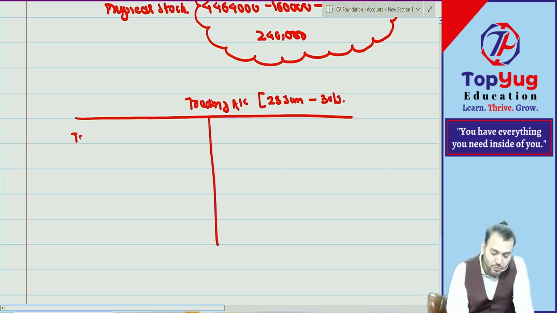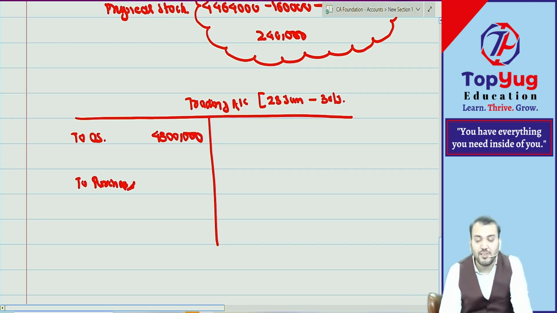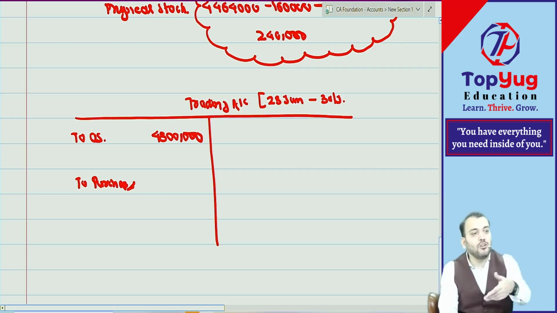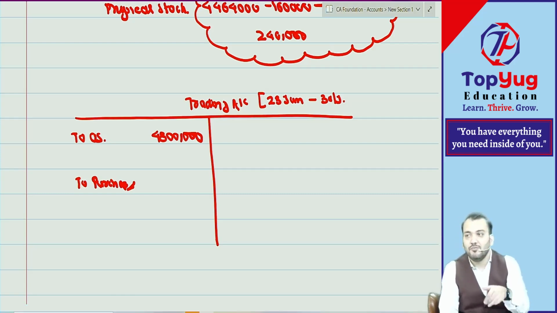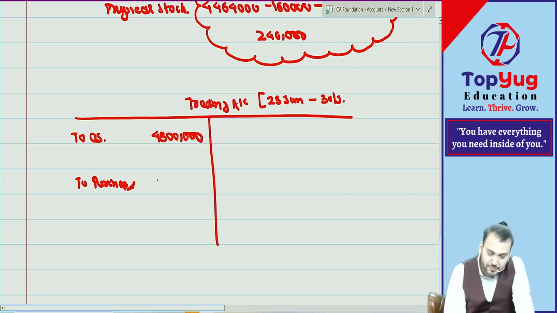So how much opening stock is given? 48 lakh. This becomes opening stock. Then purchase will be added or not? Purchase will be added. The total purchase, whether received or not received, will be purchase. How much purchase? 4 lakh. Correct.